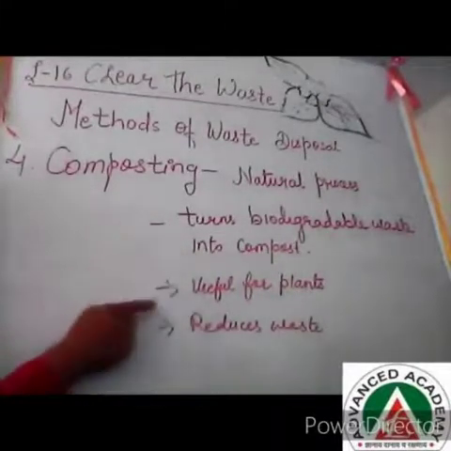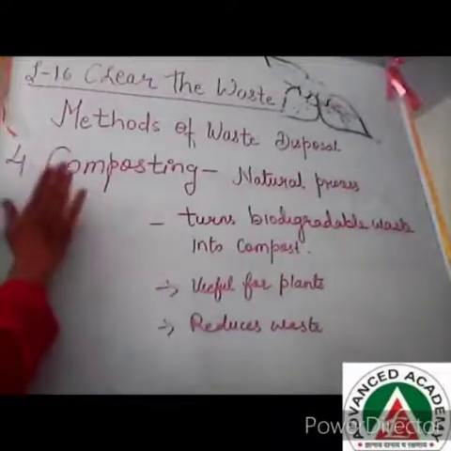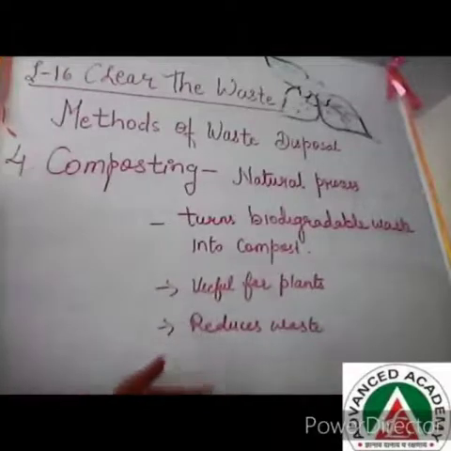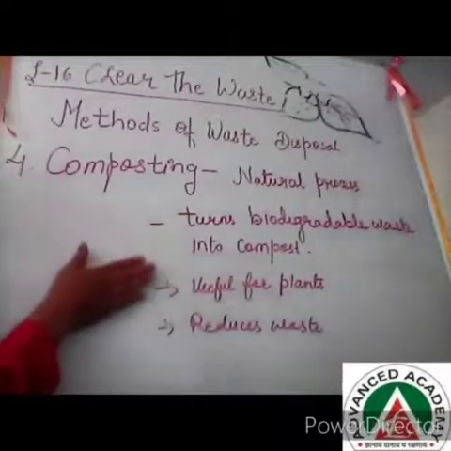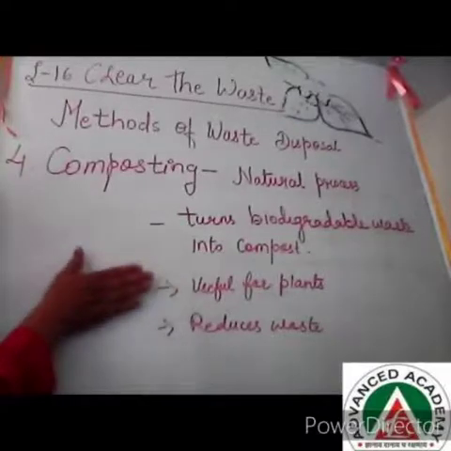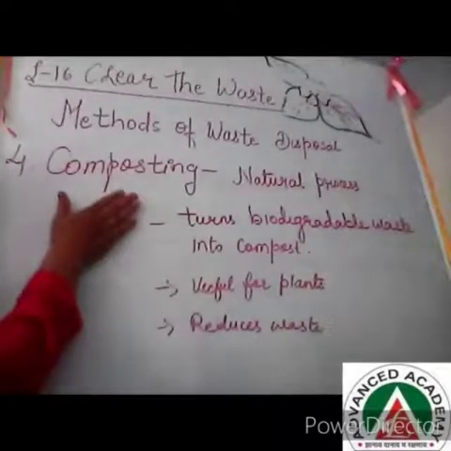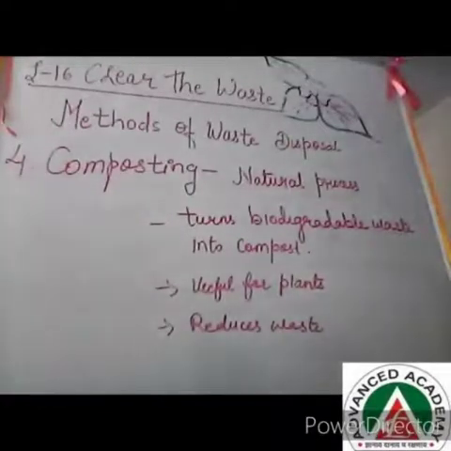Now this compost is useful for plants. The composting method also reduces waste, and the compost which is ready, we use it for plants, for gardening purposes. Apart from that, it also reduces waste. This is a natural process, and we have to remember that through this process we can reduce waste and it is helpful for our plants.